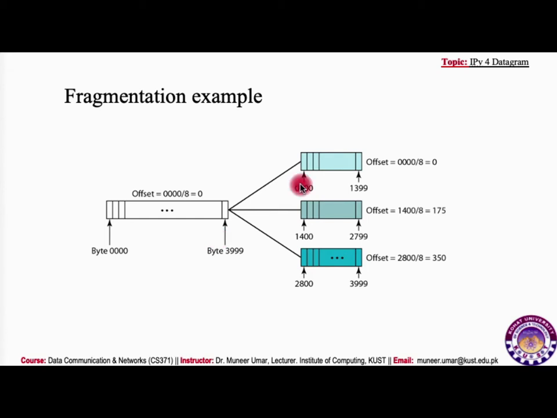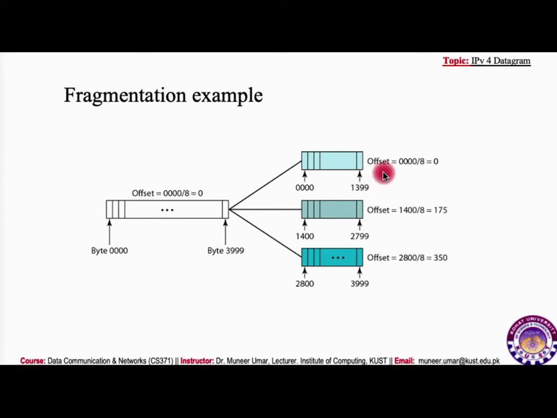The first fragment carries bytes 0 to 1,399. The offset for this fragment is 0 divided by 8, which equals 0. The second fragment carries bytes from 1400 to 2799. The offset value for this fragment is 1400 divided by 8, which is equal to 175.